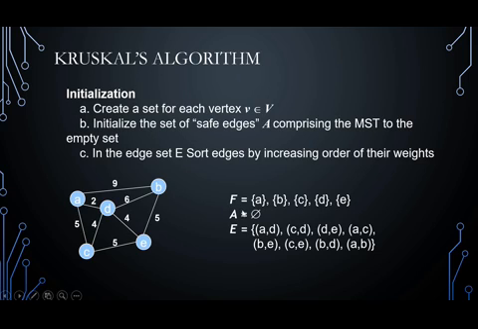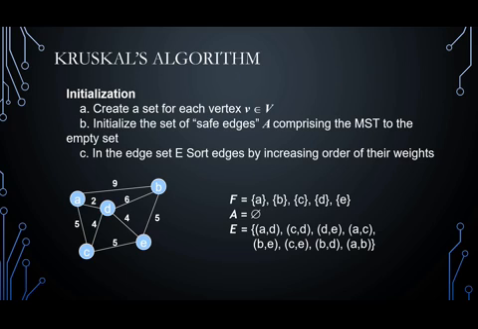Okay? Next, the second step of initialization. Initialize a set of safe edges A, comprising the minimum spanning tree, to the empty set. Initially, the solution that we are supposed to form does not have any edges.